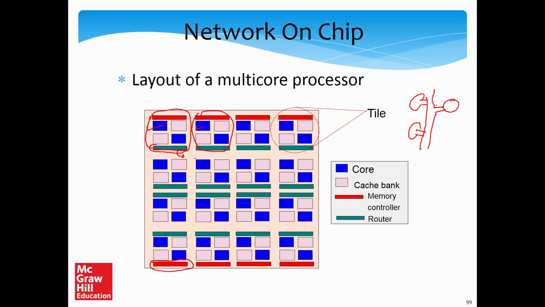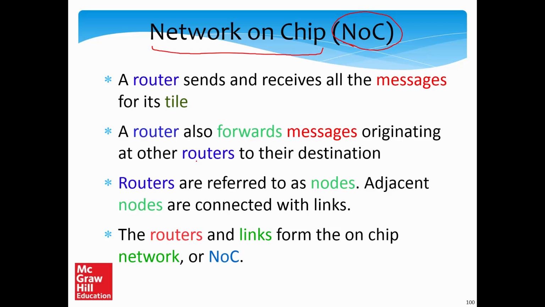A tile is defined as a small community that the router is serving. There's only one connection from this small group of cores and cache banks to the network. So between them, they can have a very simple interconnect. This is called a tile, a set of cores and cache banks. The router will connect this to the network.